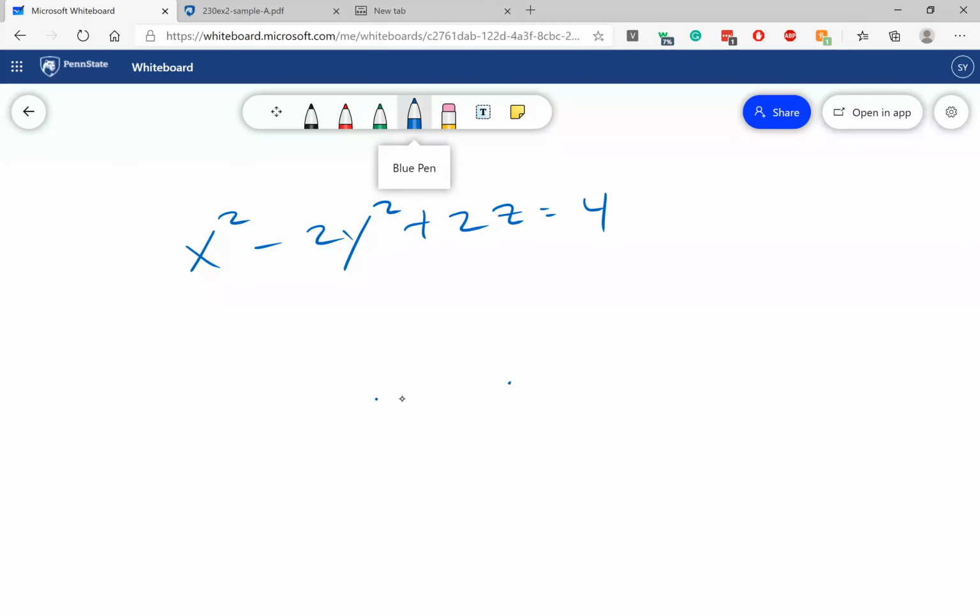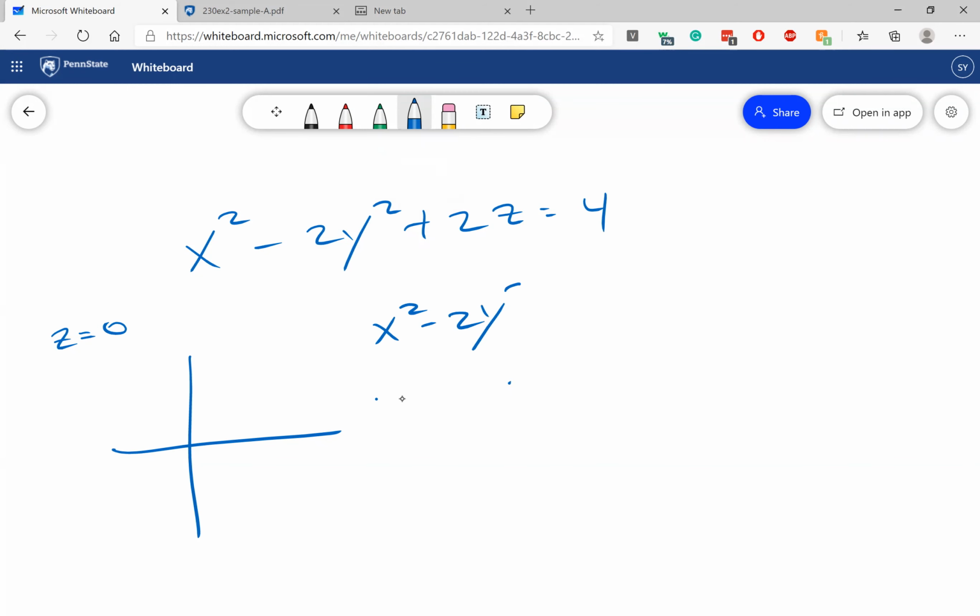So first, let's draw an axis. And we can begin by setting z is equal to 0. So if z is equal to 0, then you would have x squared minus 2y squared is equal to 4.